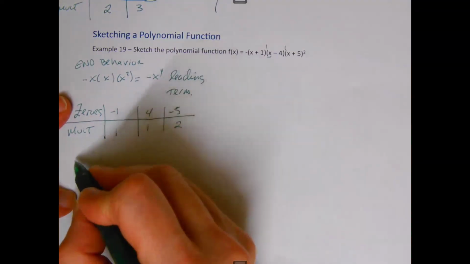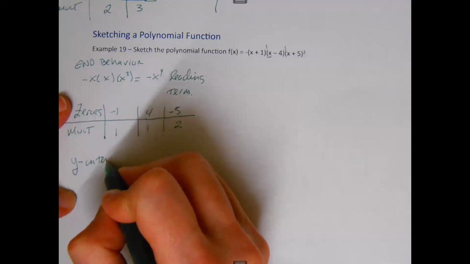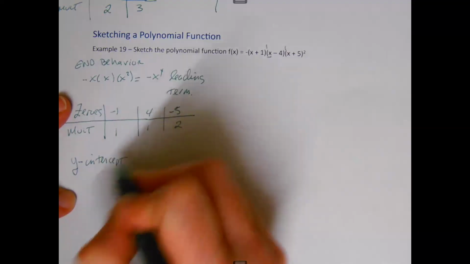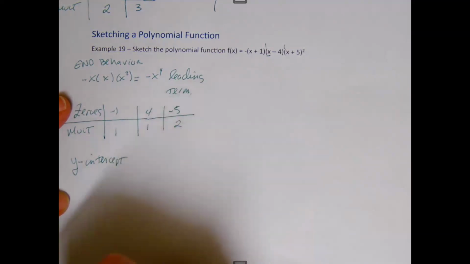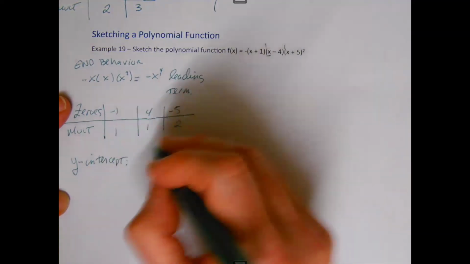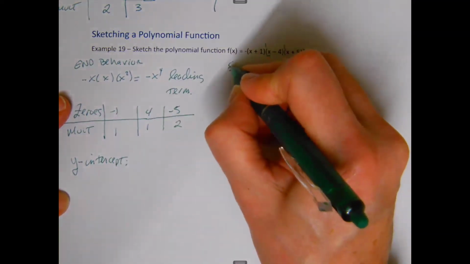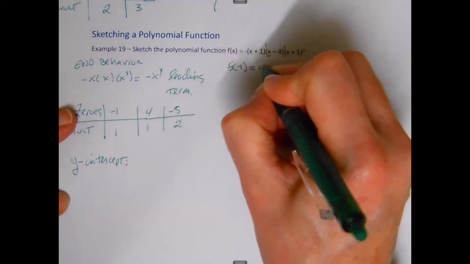I'm going to find my y-intercept at another point. The y-intercept only occurs when x is 0. So notice this is not a zero. Remember, what is a zero? A zero occurs when I enter a number and the answer is 0.